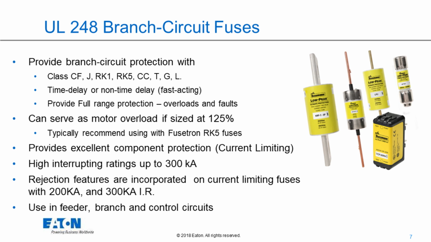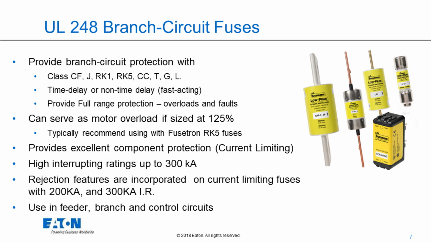High interrupting ratings up to 300,000. The little CC is 200,000. All the other low peak fuses are 300,000. Rejection features are incorporated on current limiting fuses with 200,000 and 300,000 interrupting ratings.